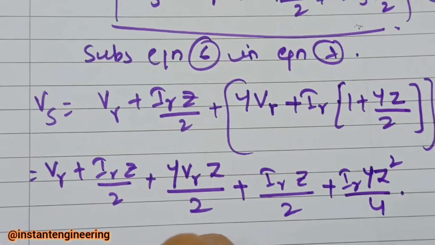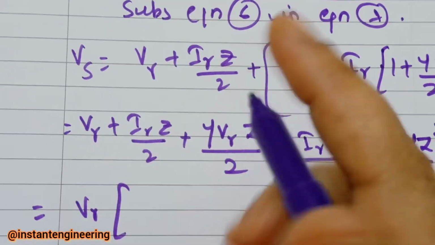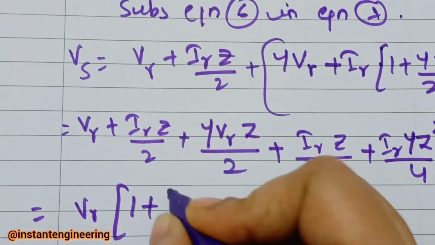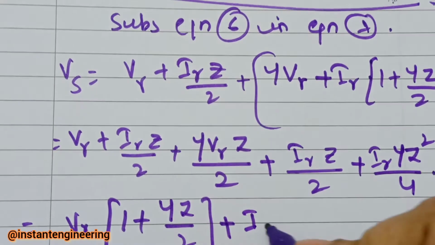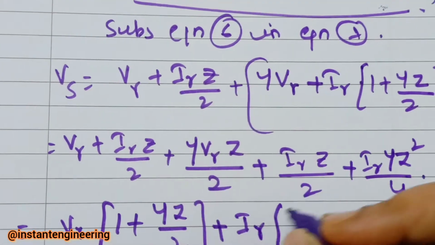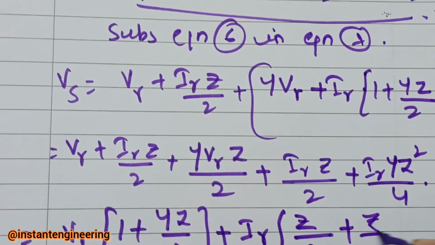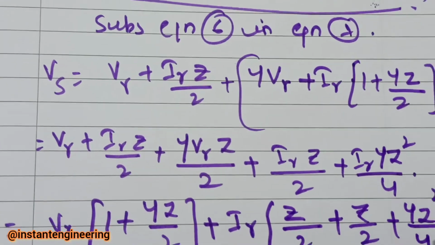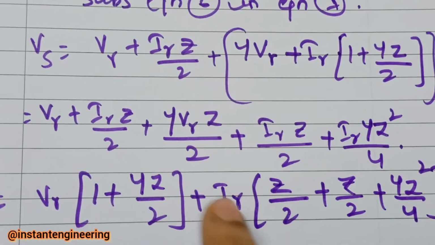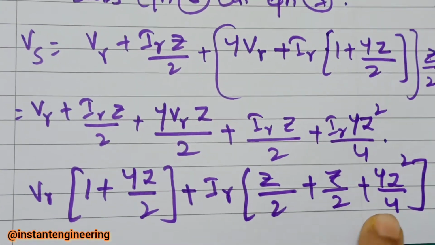Alright. So now if I take VR common, this is 1. Here also there, YZ by 2. And if I take IR common here, that will be Z by 2 plus this one also Z by 2, plus this will be YZ square by 4. Right? Here I took IR common, Z by 2, YZ square by 4.